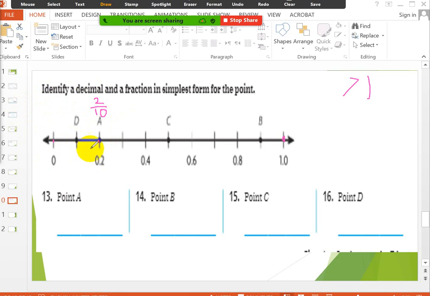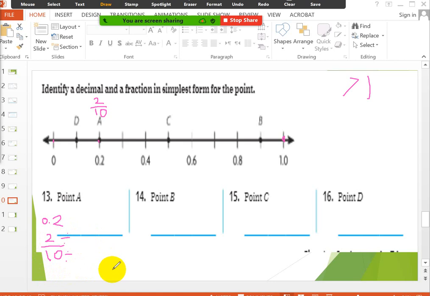No. The point for A is 0.2. But the fraction will be 2 over 10, right? But this is not the simplest form. So I have to divide both numerator and denominator by the same number, which is here the greatest common factor for 2 and 10.